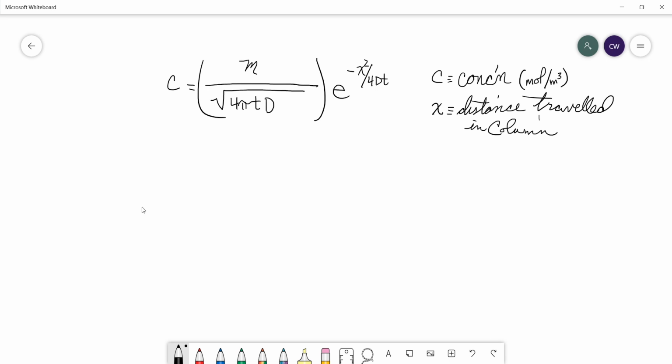So the total equation that describes the action of band broadening is called the Van Deemter equation.